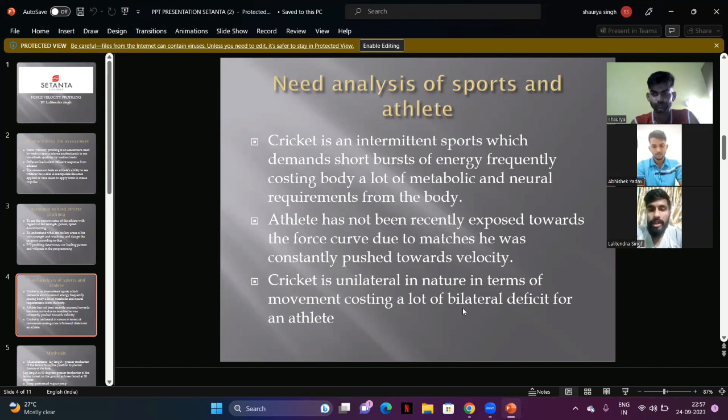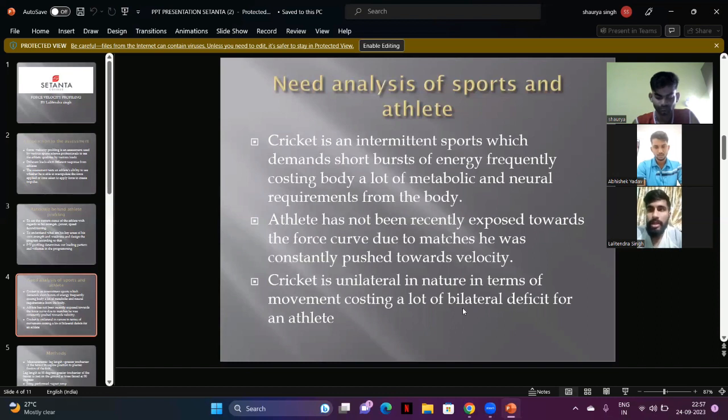Cricket is an intermittent sport which demands short bursts of energy frequently, costing the body a lot of metabolic and neural requirements. The performance of cricket depends upon 5 to 7 seconds. All the performance on the cricket field is just about 5 to 7 seconds, and the majority of it is under 5 seconds.